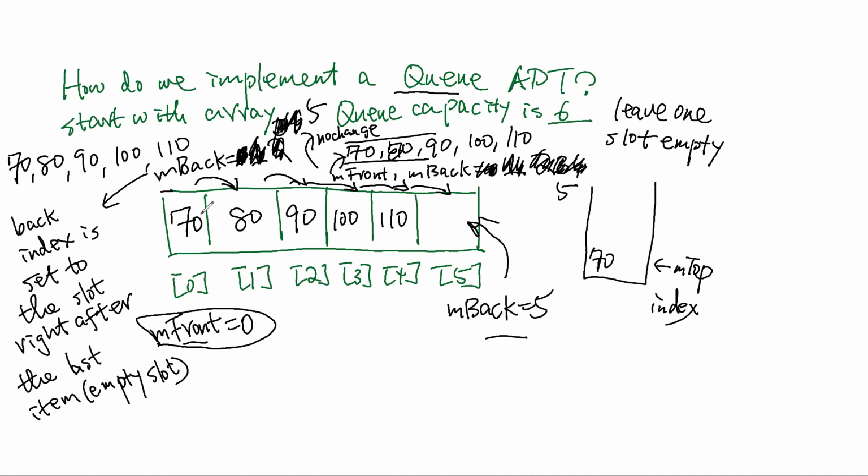You mean the front is always going to be 0? That's a very, very good question. Right now the scenario we are discussing is a linear array, but we will see there are issues with a linear array. So later on we will learn a new concept called the circular array.